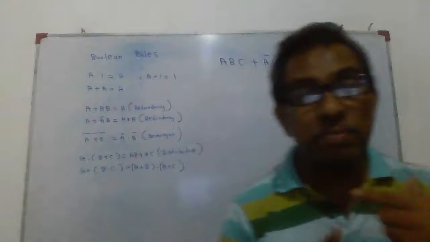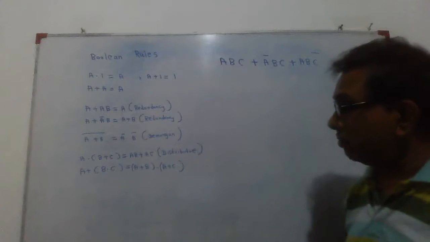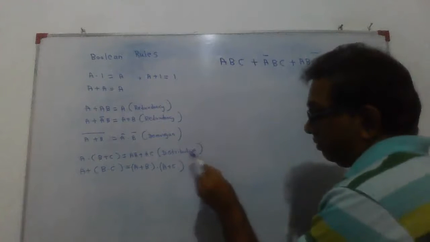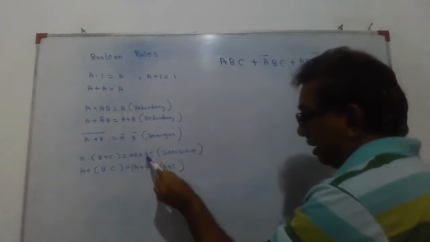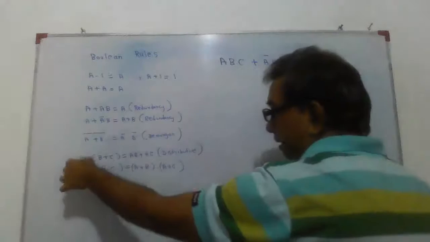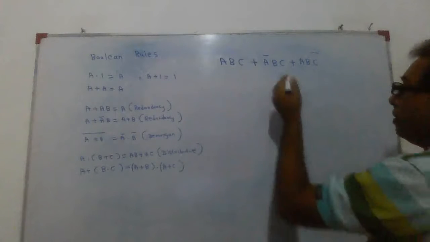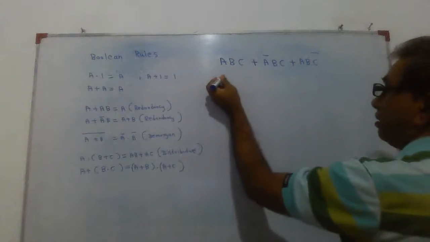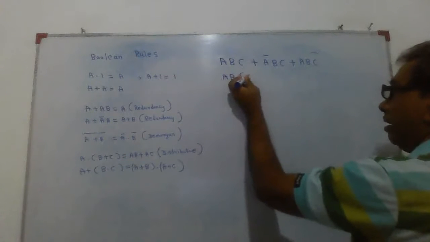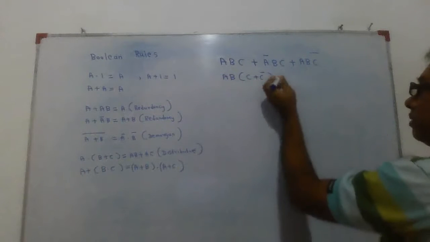This is distributive law. Why? According to distributive law, if there are common things, you can take them out from the expression. Right. We apply the distributive law. So we take A and B out, and then C bar remains here.